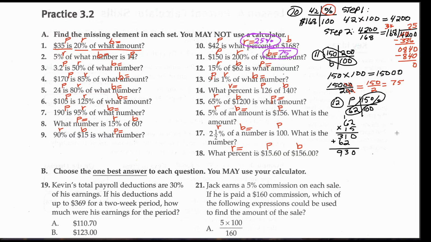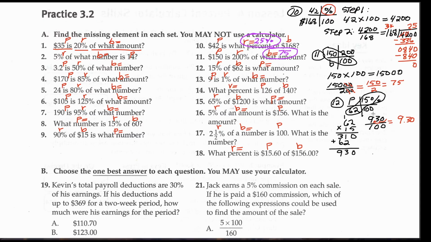Okay, 930. This time, 930 divided by 100. That's step 2. So 930 divided by 100. So when you divide anything by 100, all you have to do is move the point from the end to the left twice. That should give you 9.3.